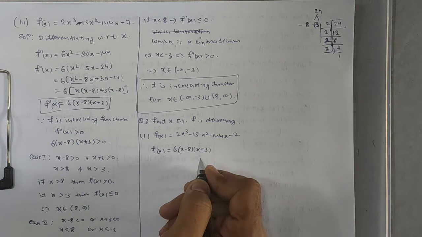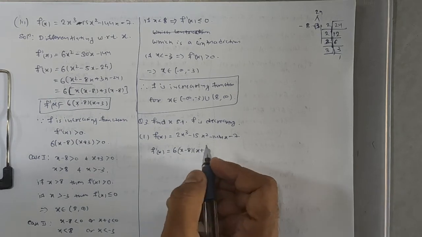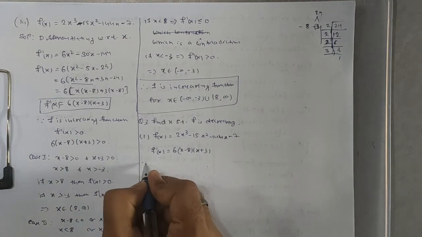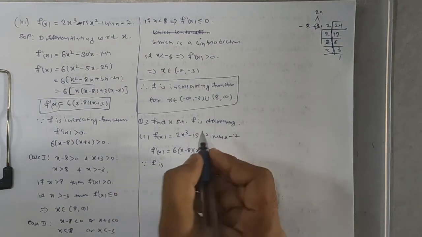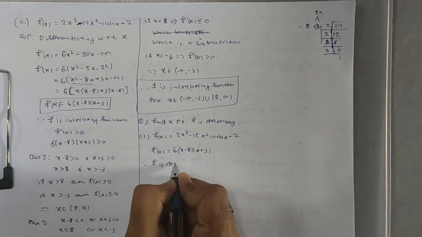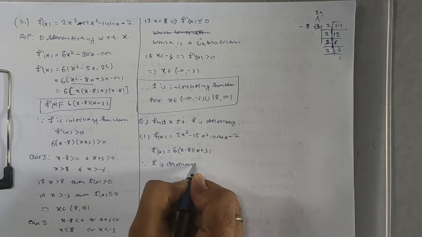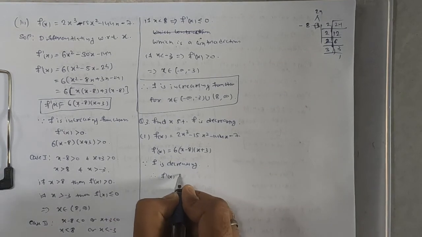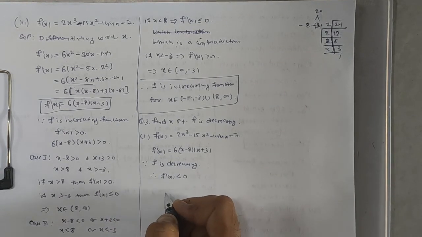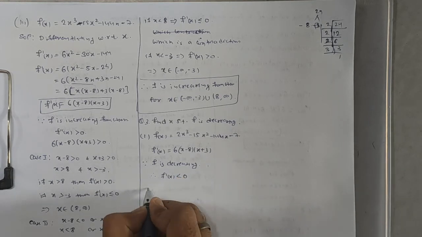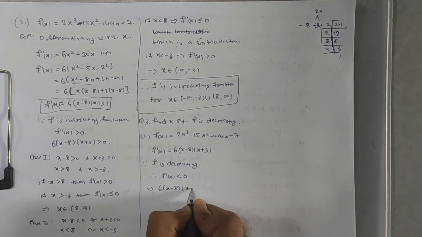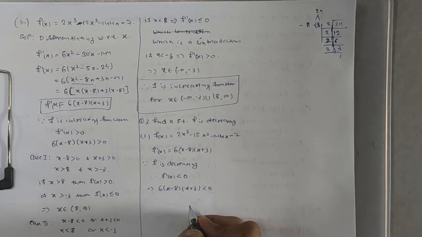Now in examination, when you solve, you have to solve like this. Okay, so now since f is decreasing is mentioned in the question, therefore f dash of x should be less than 0. So this implies 6 into x minus 8 into x plus 3 would be less than 0.